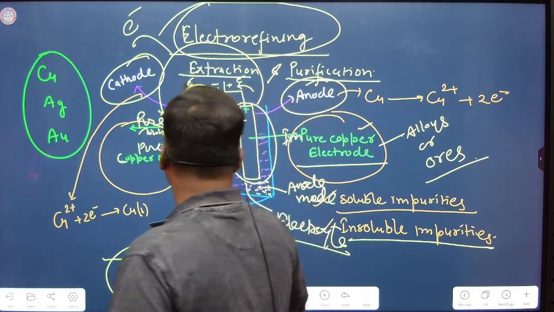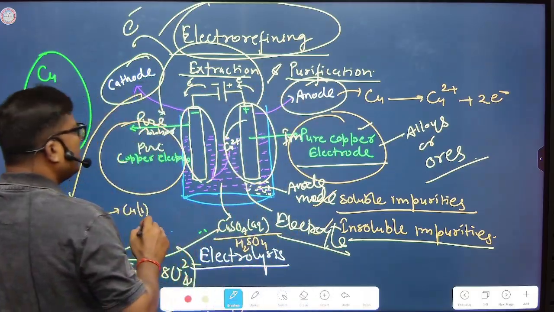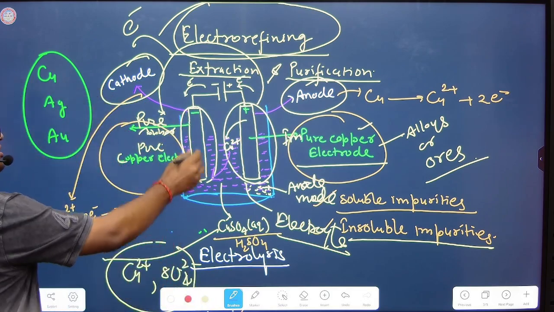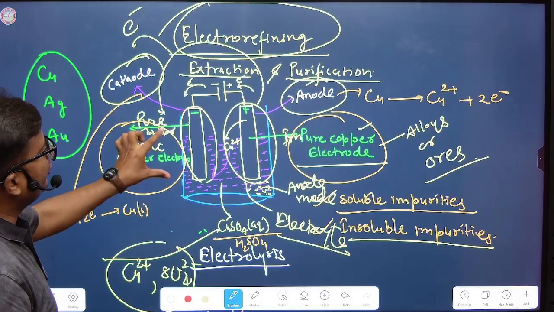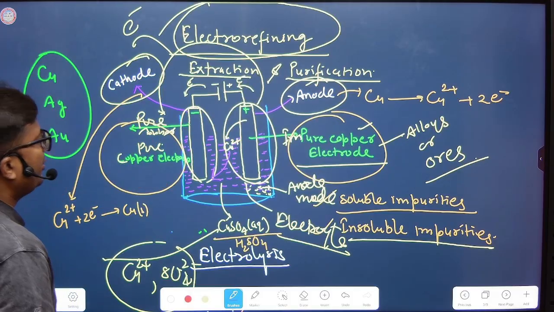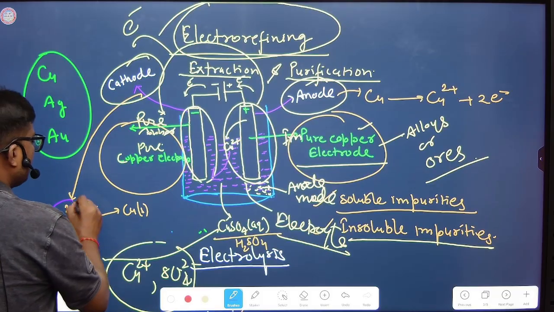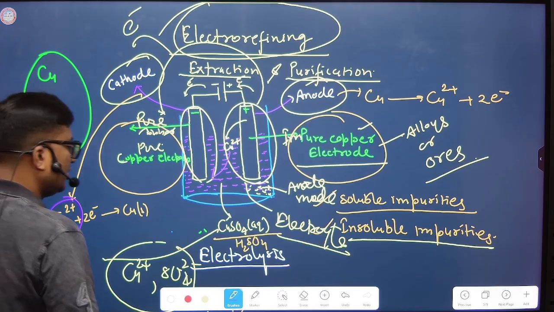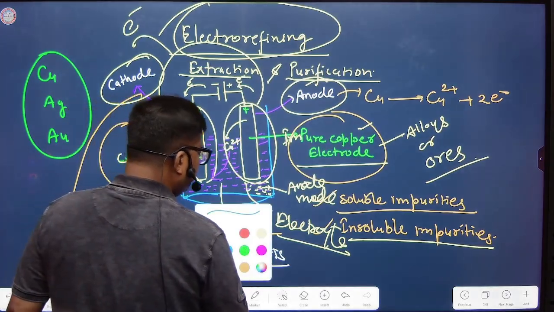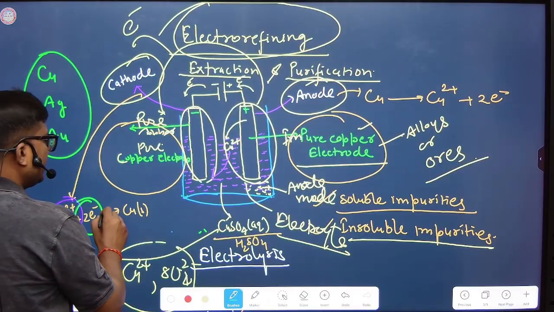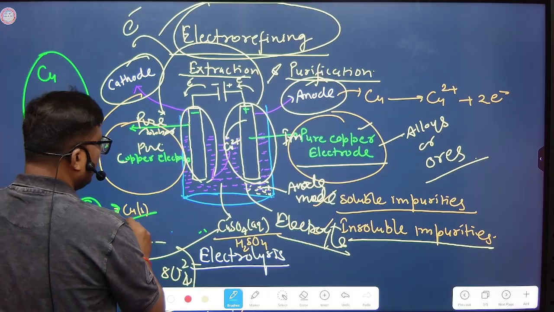So ultimately copper 2+ receives electrons from the cathode surface and gets reduced back into copper solid. So copper 2+ from the solution receives 2 electrons, then it is converted back to copper solid.